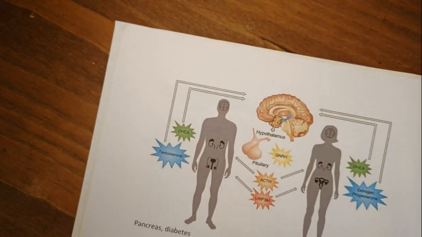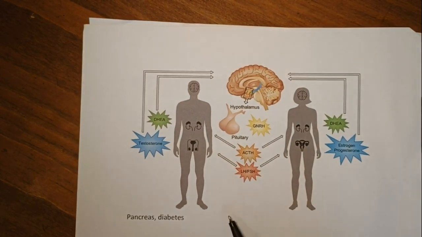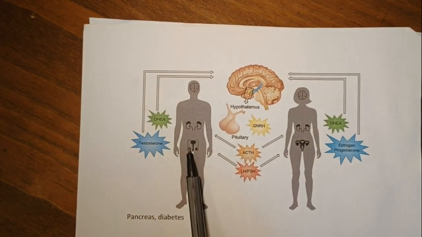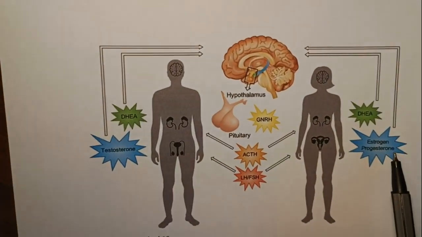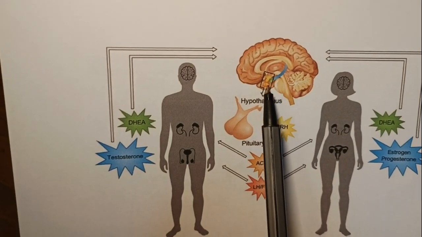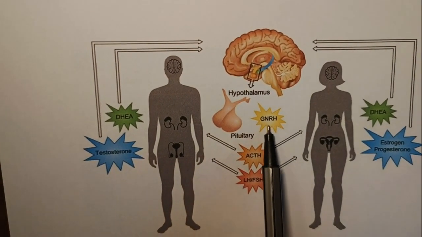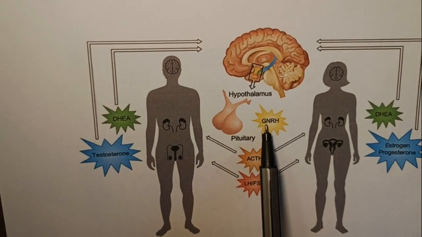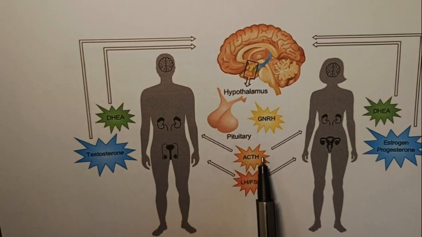Now that diagram shows more details of how testosterone in males and estrogen and progesterone in females are controlled. So they are controlled from the hypothalamus. The hypothalamus secretes GnRH, gonadotropin releasing hormone, that works on the pituitary.